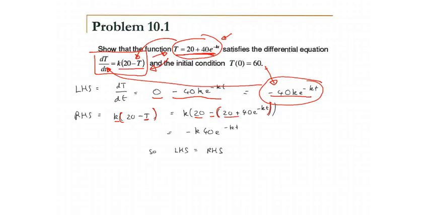Now we simplify that, and we have minus k 40 exponential minus kt. So I've created a left hand side and a right hand side, and now I can compare the two. I see that they're both the same, so I'm happy. Okay.